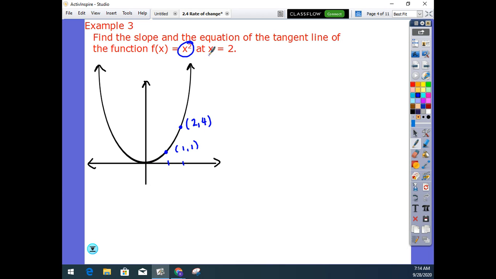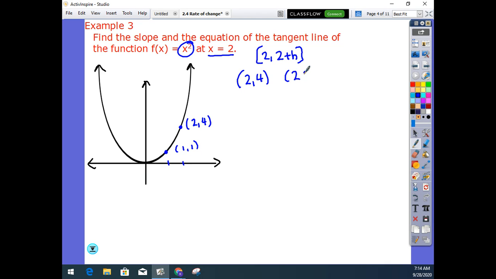Now, if it just says at 2, if there's not an interval, this is your instantaneous speed. Even though it doesn't say speed, your average slope versus your instantaneous slope. So our interval, that's where we get the 2. And we say 2 plus h, just a little bit after 2. So we're going to use the point 2, 4.